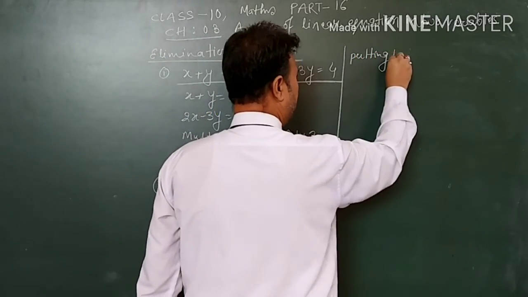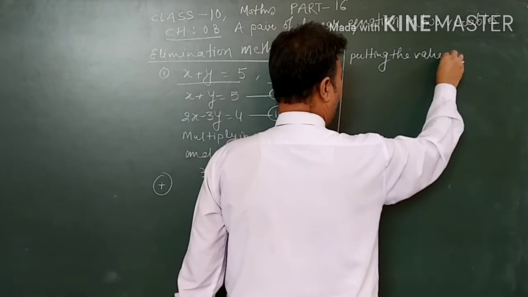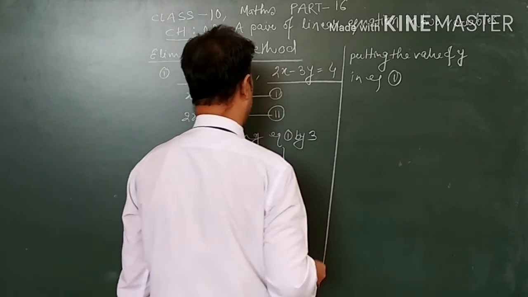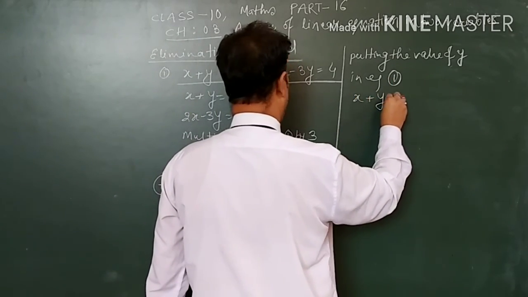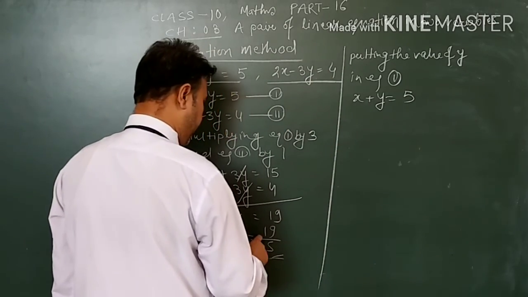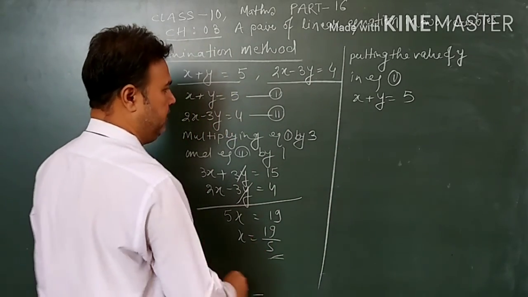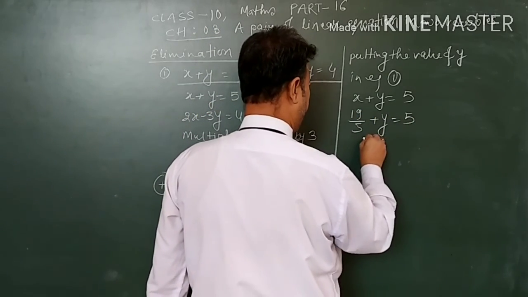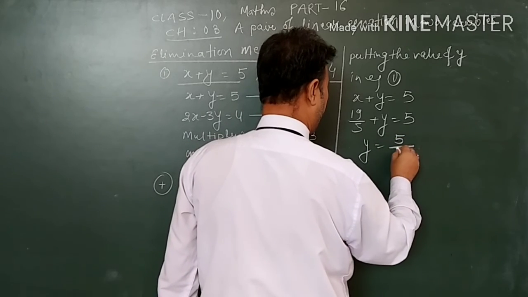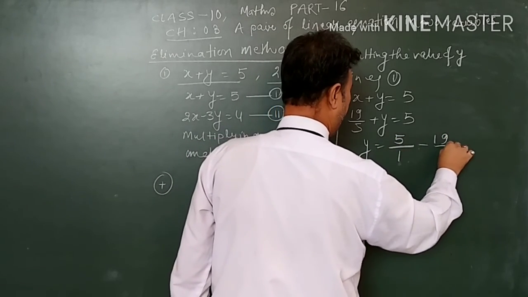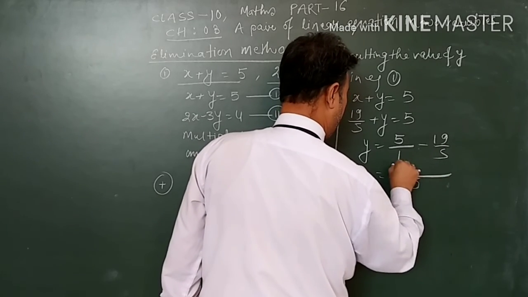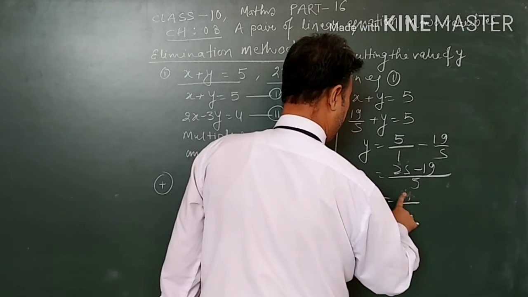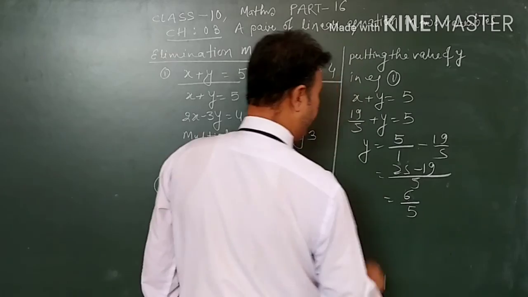Putting the value of x in equation 1. x plus y is equal to 5. x is equal to 19 upon 5. 19 upon 5 plus y is equal to 5. y is equal to 5 upon 1 minus 19 upon 5, which is 6 upon 5.